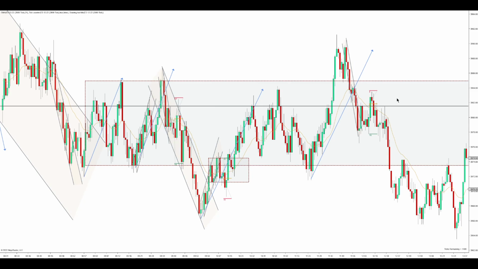I saw some other people writing that they were also short, and their reasons why. I'm pretty sure that he got hit, because I ended up writing a post before he got hit. I don't know if he got out at break even or not, but I saw that he ended up shorting here, and then he wrote it down to here, which I think is generally a good trade. It's just the bigger picture version of what I took.